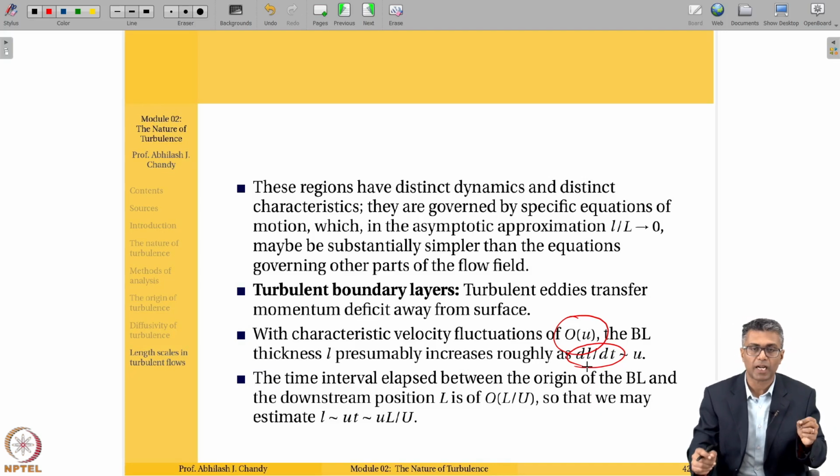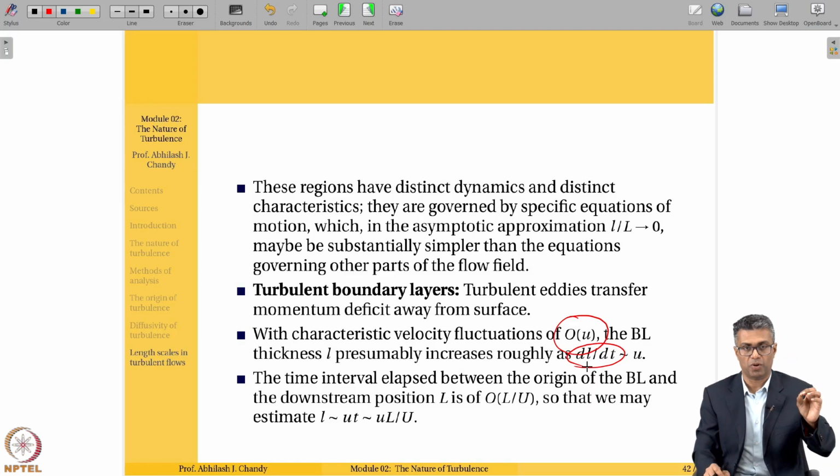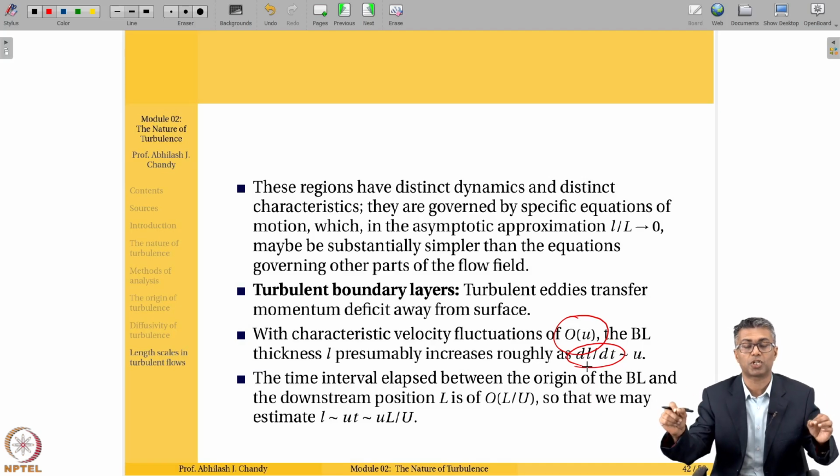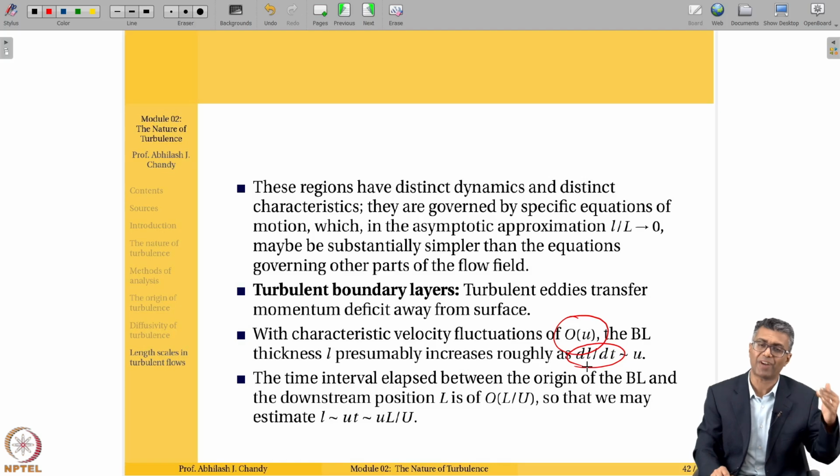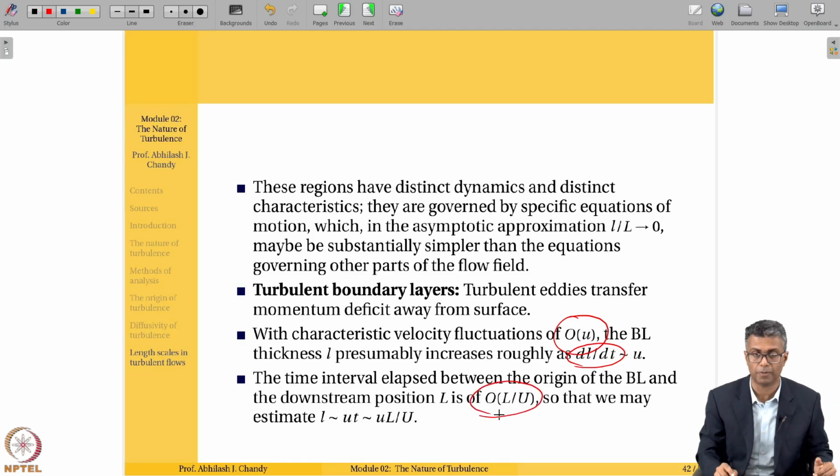Now, if you look at the flow time that it takes for one particle to go from the origin of the boundary layer, or the leading edge, to a downstream position capital L, you would think that time scale is of the order of magnitude of L over U, which is what is shown here.